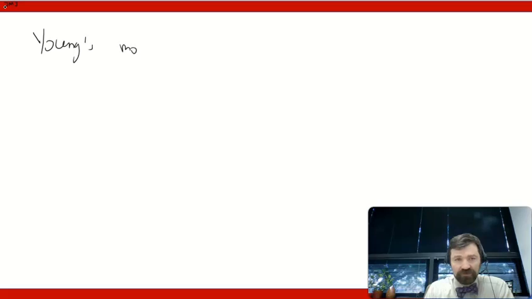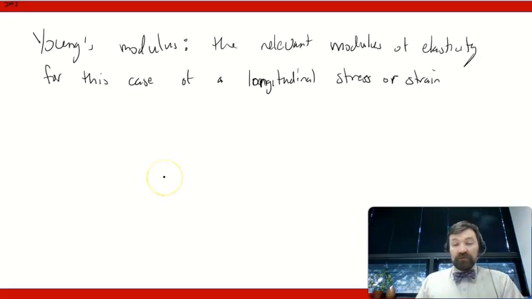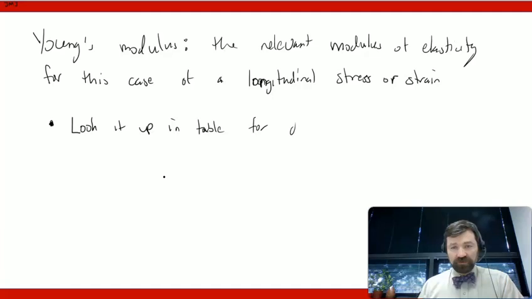Okay, so basically, this modulus of elasticity, in this case, is called Young's modulus. And the Young's modulus is generally specified for different materials. So essentially, it's something that you can look up in a table given for different materials.